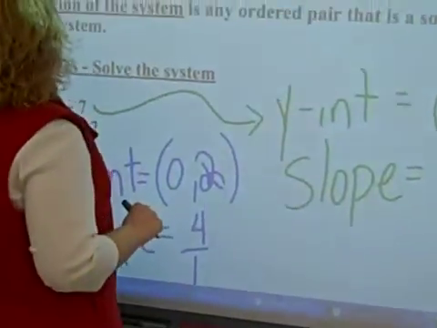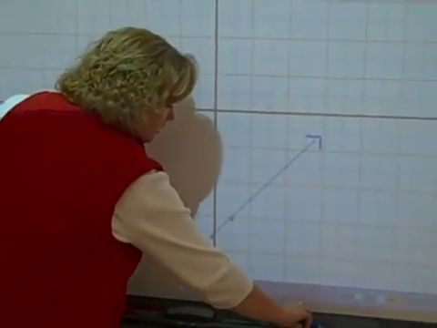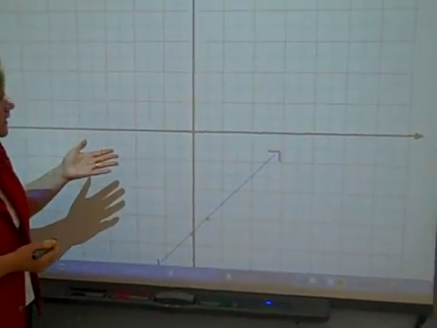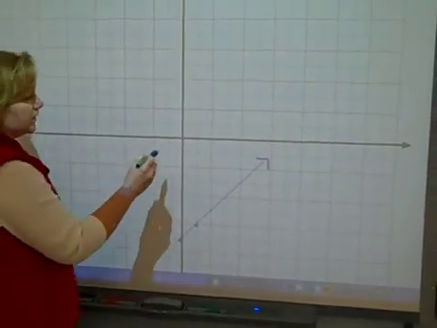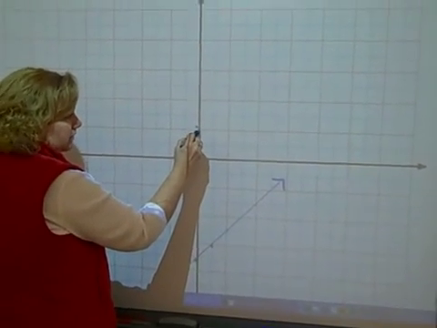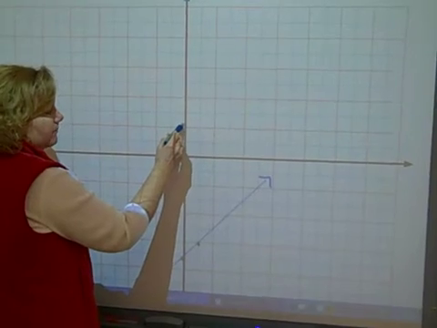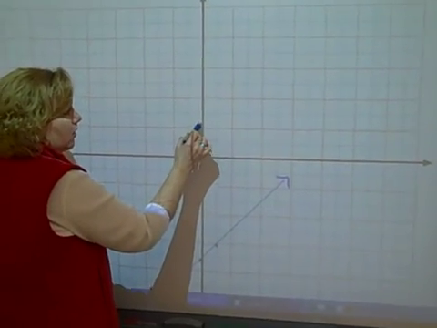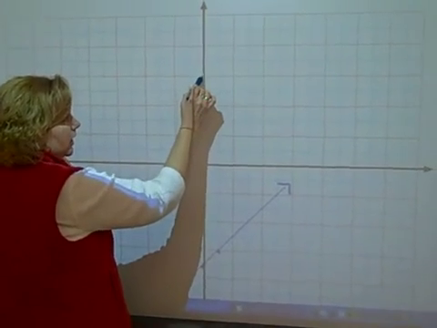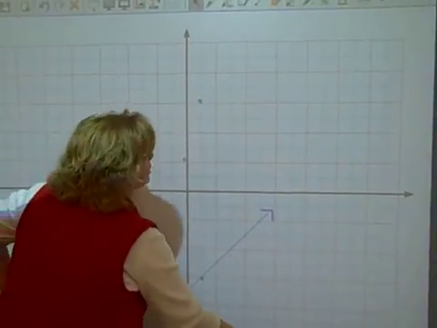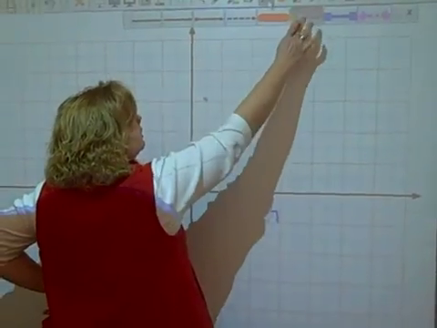When I graph that one, 0, 2 is right here. And then my slope is 4 over 1, so I'm going to go up 4 and over 1. Then you draw that line.